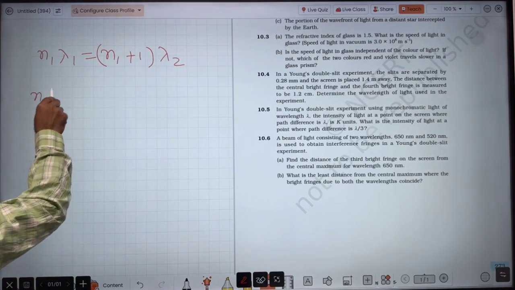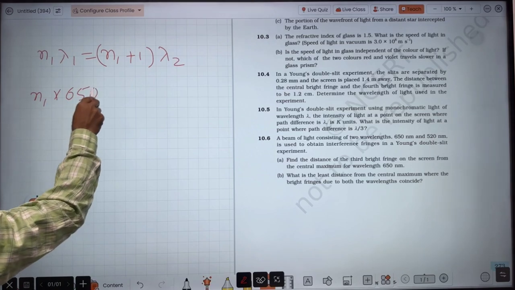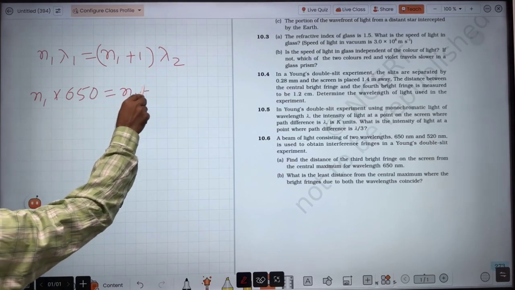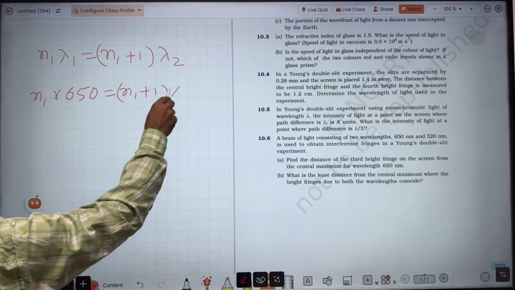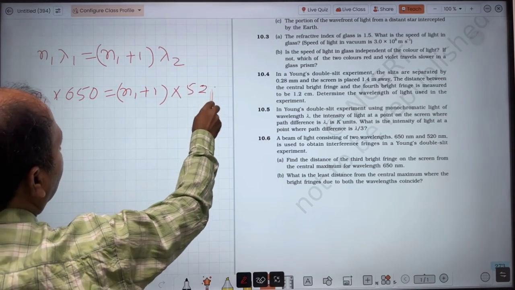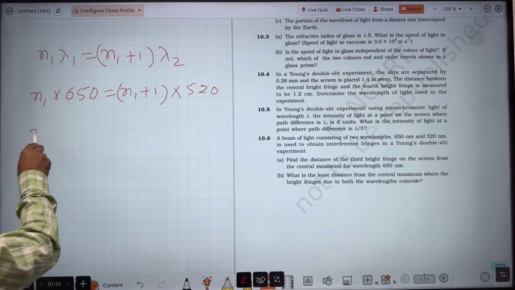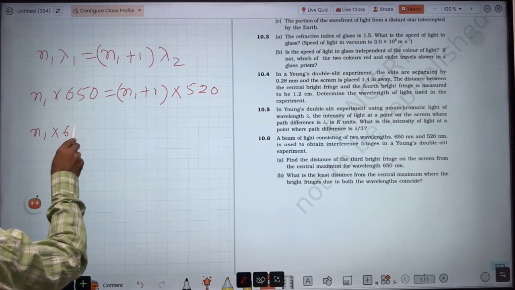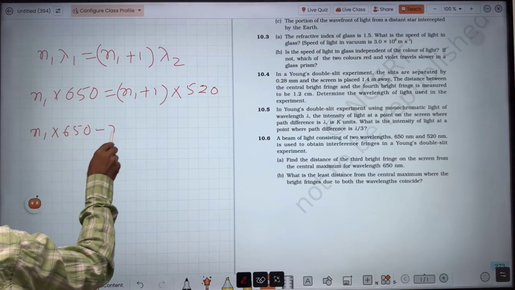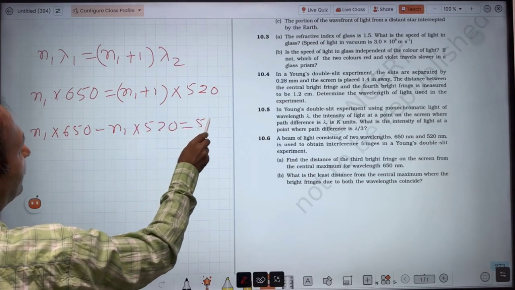Let's rewrite it: n1 times 650 is equal to n1 plus 1 times 520. We can open the bracket: n1 into 650 minus n1 into 520 equals 520.